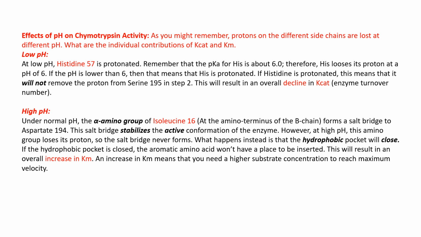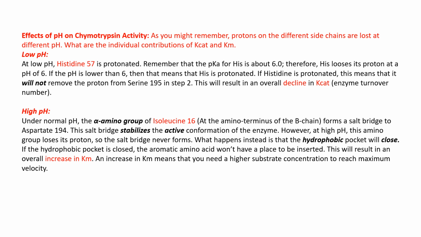So with high pH, under normal pH, the alpha amino group of isoleucine 16 forms a salt bridge to aspartate 194. This salt bridge stabilizes the active conformation of the enzyme. However, at high pH, this amino group loses its proton, so the salt bridge never forms.